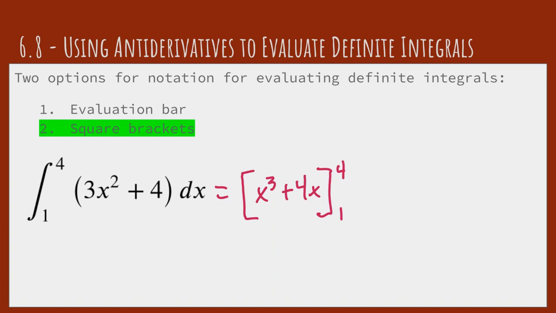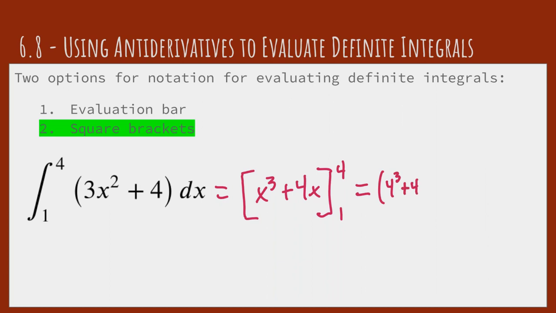So this is an accepted notation that you might see in textbooks that you might choose to use. It's an especially good one when you have multiple terms, so we should group those terms together anyway, so we can get that grouping and the evaluation bar knocked out in one symbol. So then we, again, like the other one, we evaluate it now.